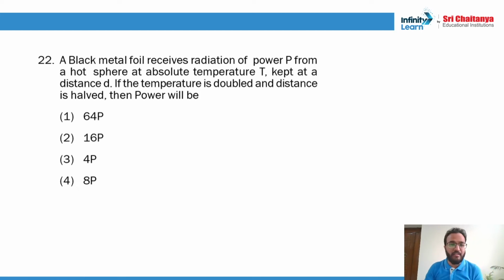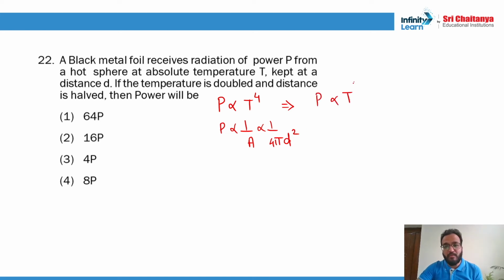Here, students, it's a very simple concept. We know that power is directly proportional to T to the power 4 and inversely proportional to area, that is 1 by 4 pi d square. So power is directly proportional to temperature to the power 4 upon distance to the power 2, right?